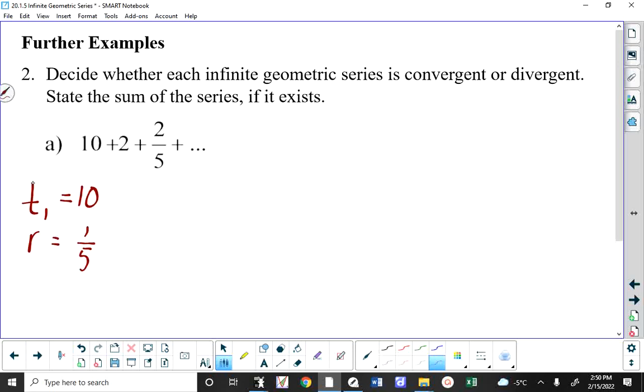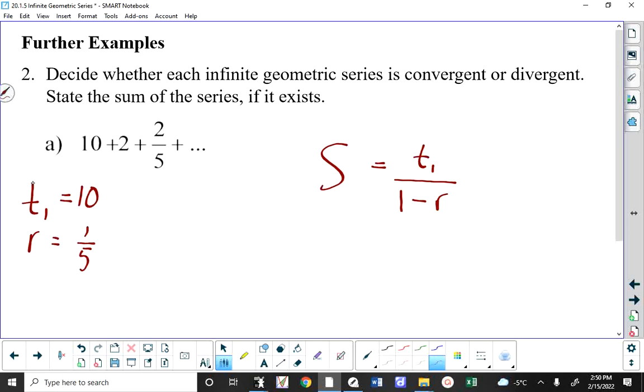You do. Can we use this formula? Well, we can if it's convergent. Do you think it's convergent? How do you know? Those of you that are saying, I know it's convergent, and you're right, it's convergent. How do you know?